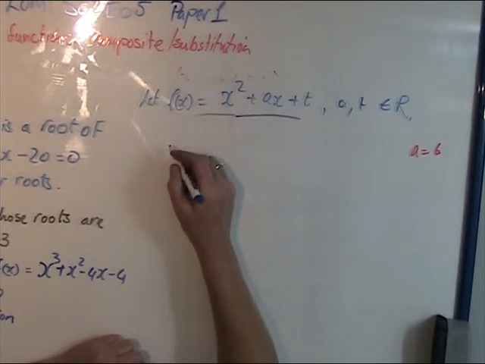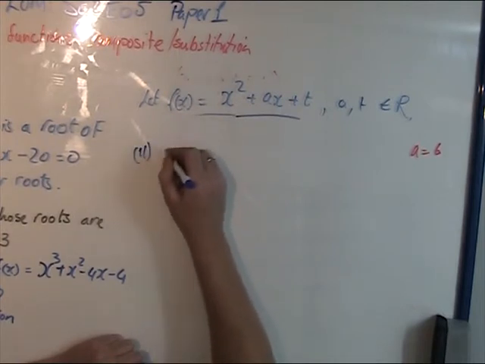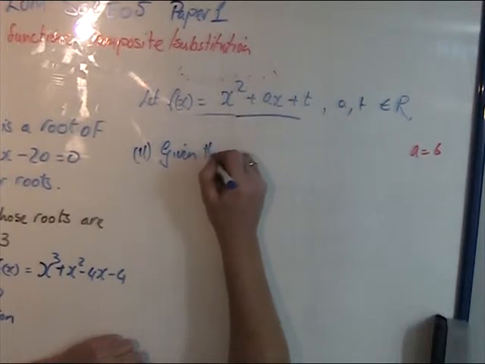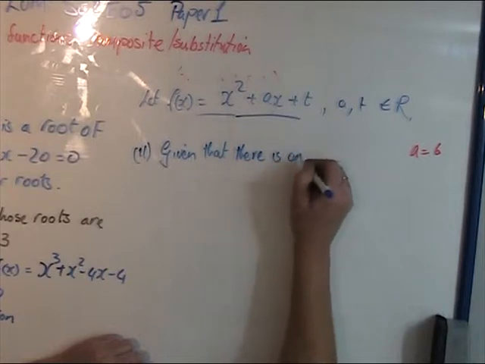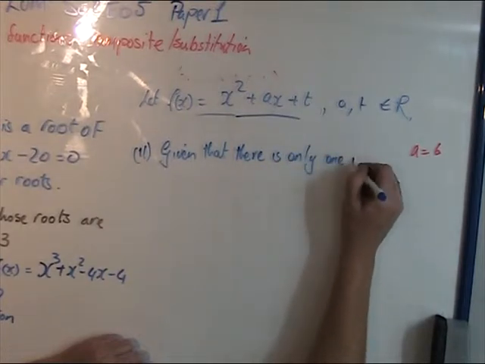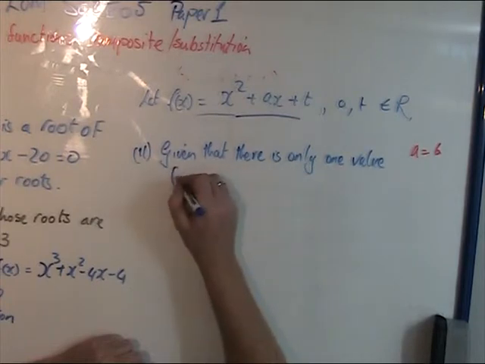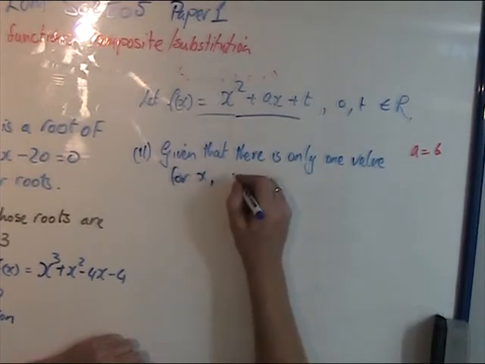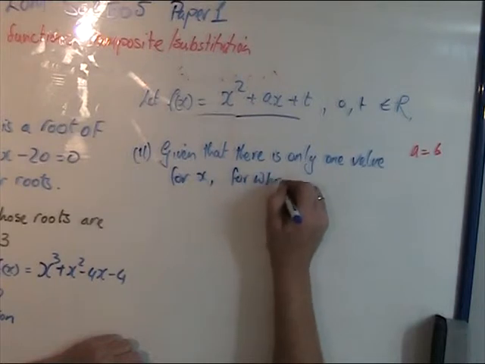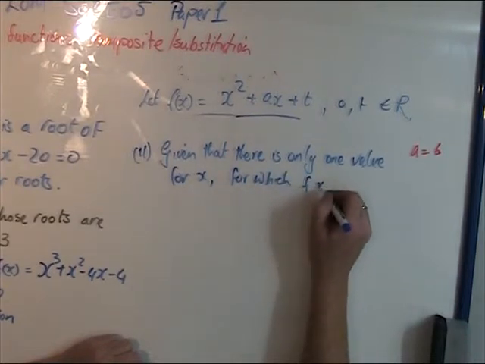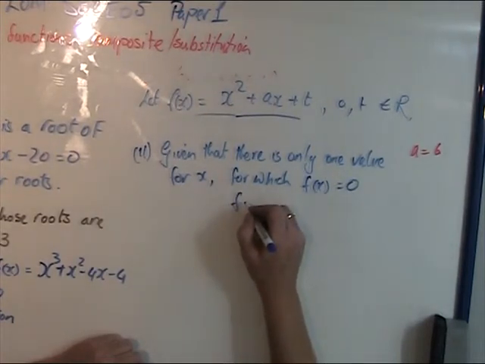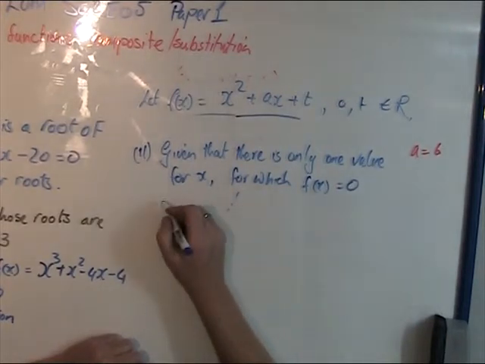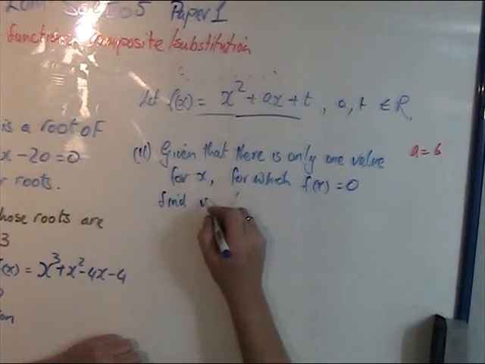And it says part 2, given that there is only one value for x for which f of x is equal to 0, find the value of t.